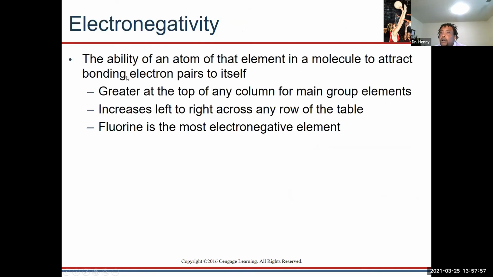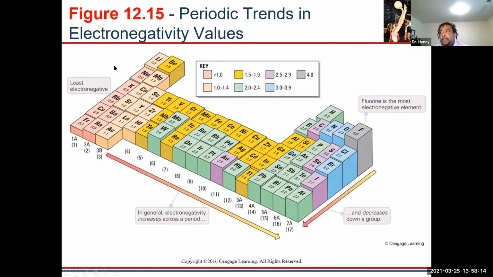So electronegativity, again, is just the ability to attract those electrons, to have the electron being pulled towards somebody more so than anything else, right? If you take a look here, there's a general trend. As we go from left to right, the electronegativity is going to increase.